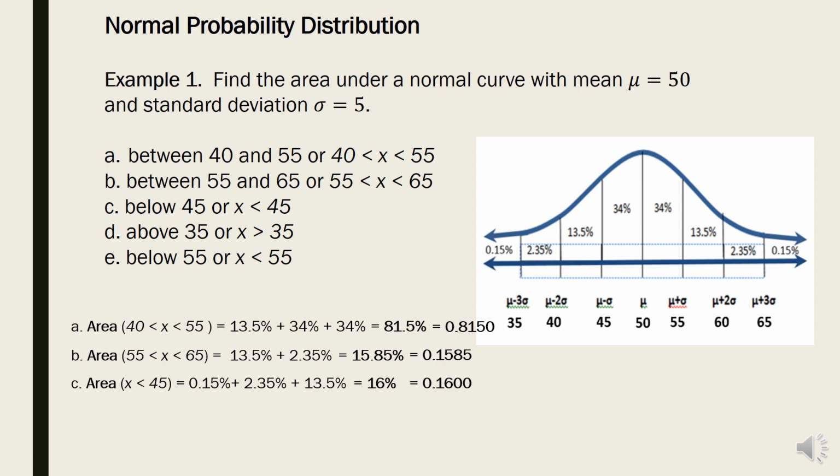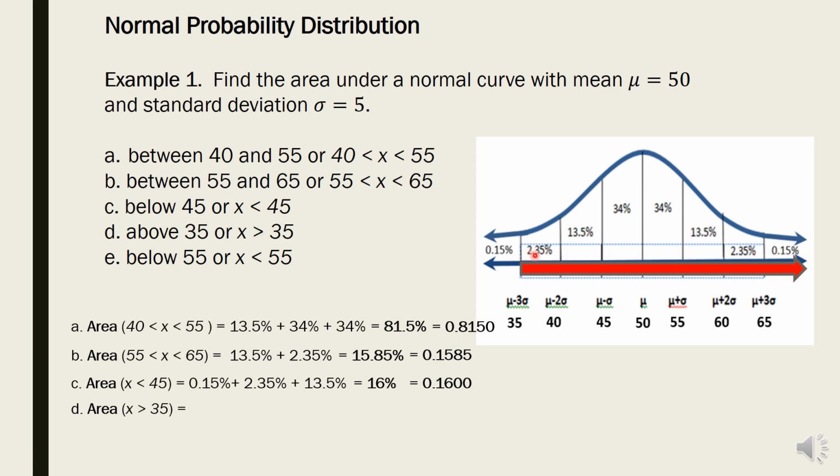Then the area above 35. So let's go back to our normal curve. Since it is above 35, based on our illustration, we have these areas.